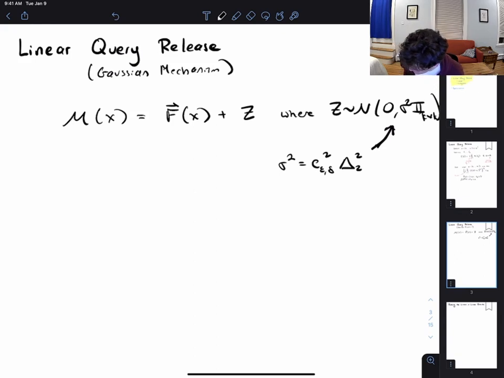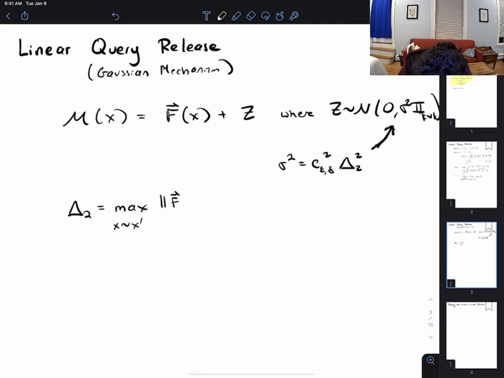All right, so this is the mechanism. Remember, I'm adding noise with variance sigma squared to every coordinate independently from a Gaussian. And the way I calculate the L2 sensitivity is I'm looking at the maximum over all neighboring data sets of the L2 norm of f(x) minus f(x'). Because I'm working with Gaussians, I want L2 sensitivity.